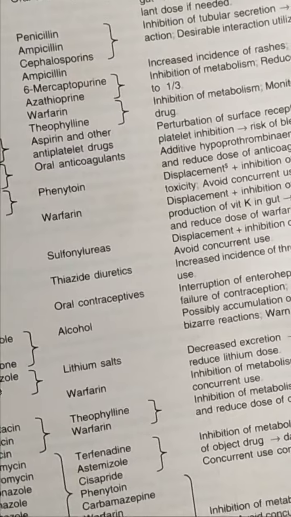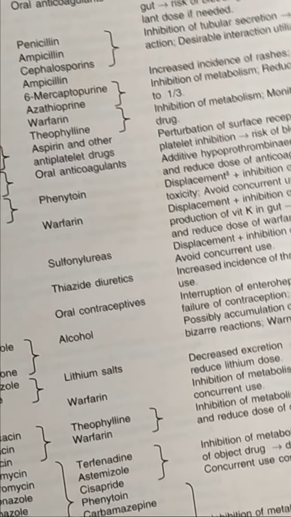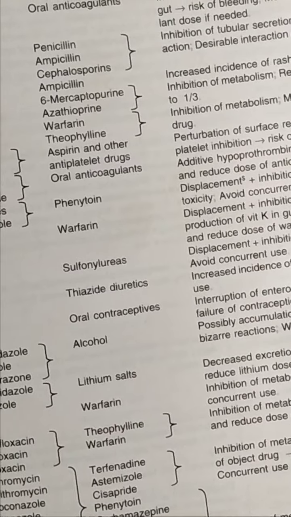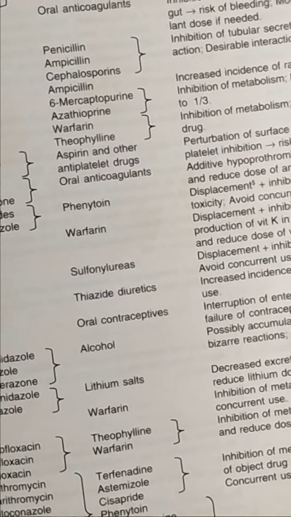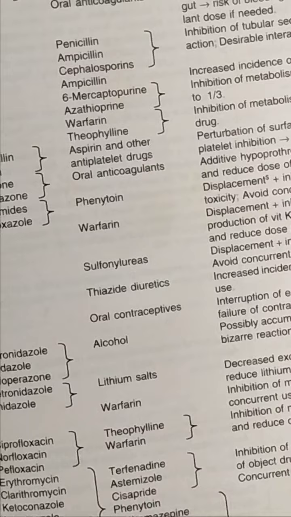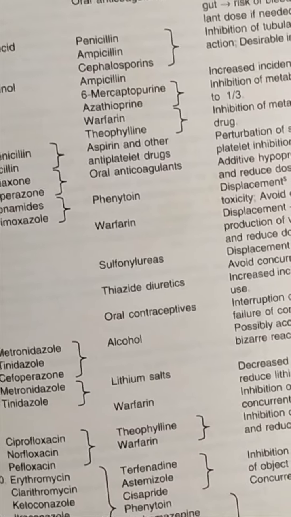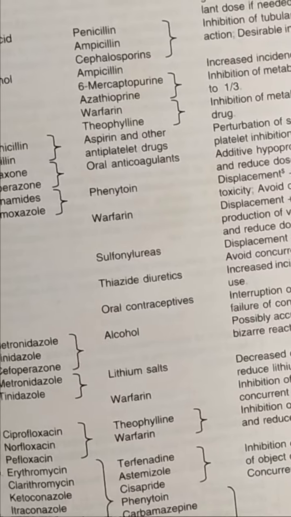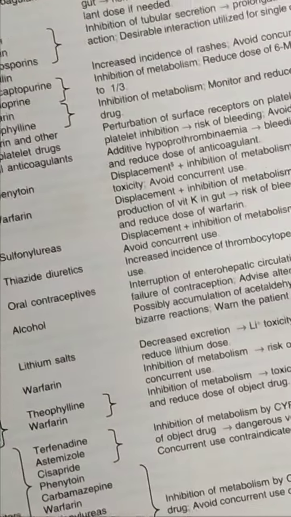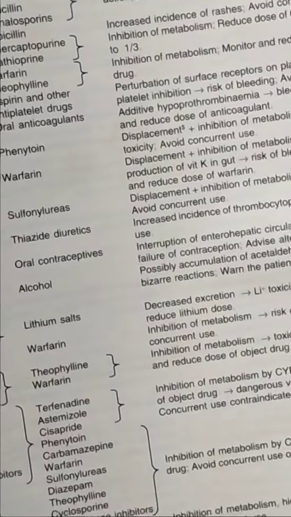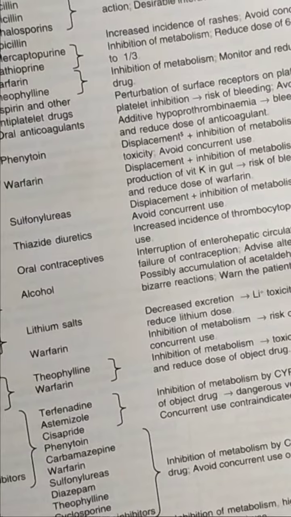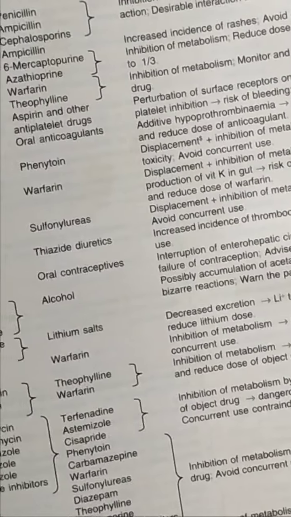Ceftriaxone with oral anticoagulants will cause bleeding, because ceftriaxone decreases the action of the oral anticoagulants. That's why it causes bleeding.